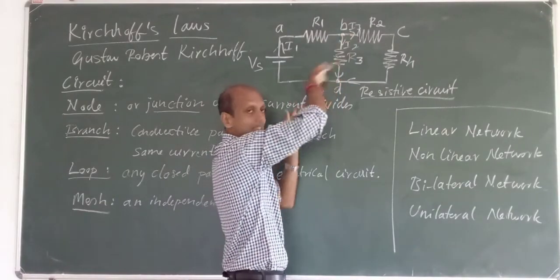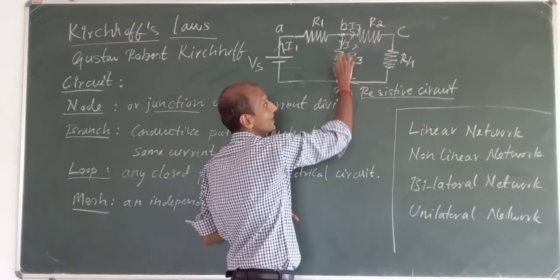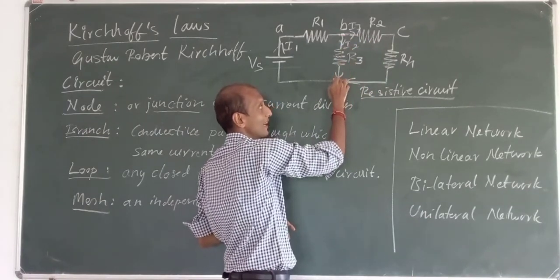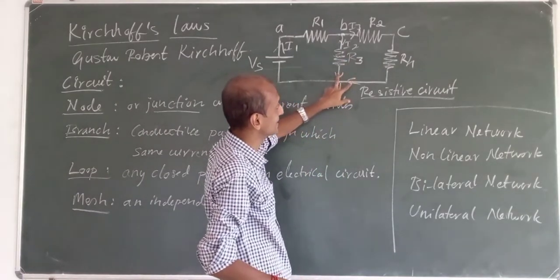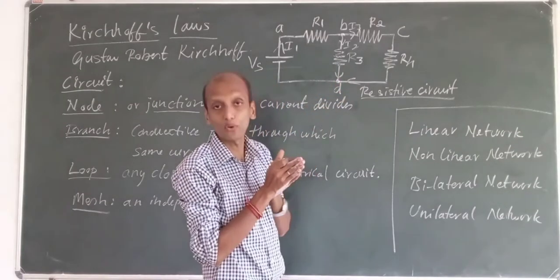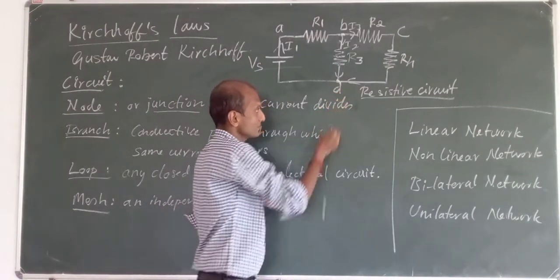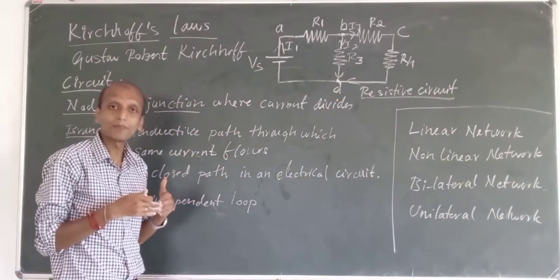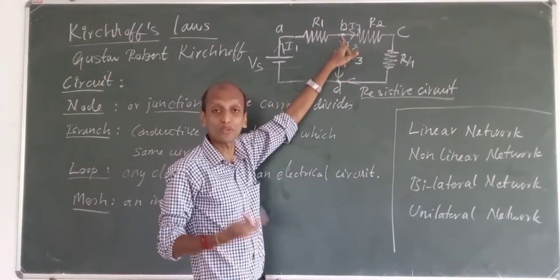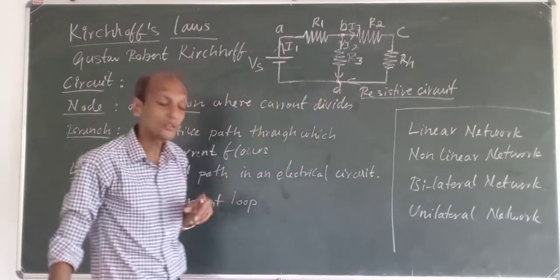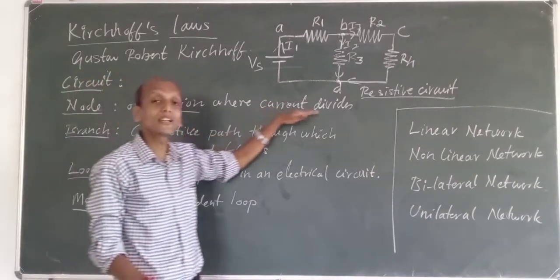So at this point the current has divided, and again after this I3 has come from here to here, and I2 will flow through R3 and come here, and after this both the currents I2 and I3 are going to combine or merge at this point D. So it not only divides, it can combine also. Both the points B and D can be noted as a node or junction.